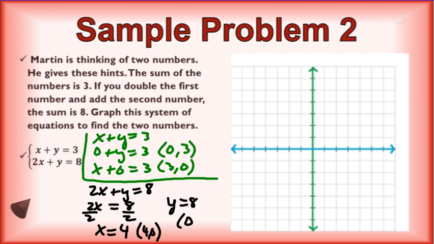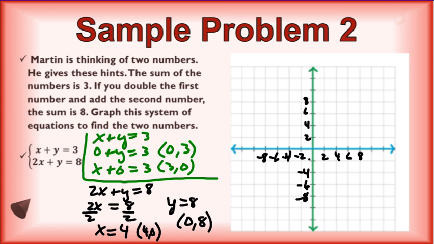That means when x is 0, y is 8. So all these we're counting by 2's. So 2, 4, 6, 8, -2, -4, -6, -8. This is -2 and -4, -6, -8, 2, 4, 6, 8.